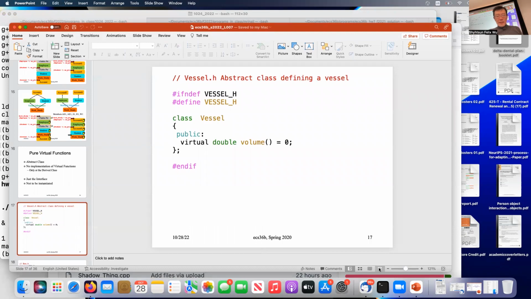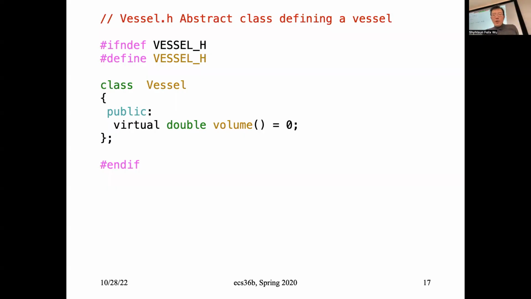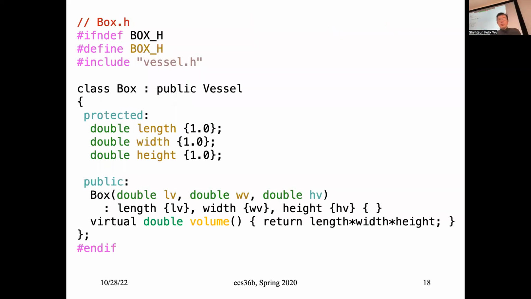Okay, let's get back to the slide. So I hope you found this example helps you understand the concept about pure virtual function. The most appropriate use of the pure virtual function is that you try to have a cluster of classes.